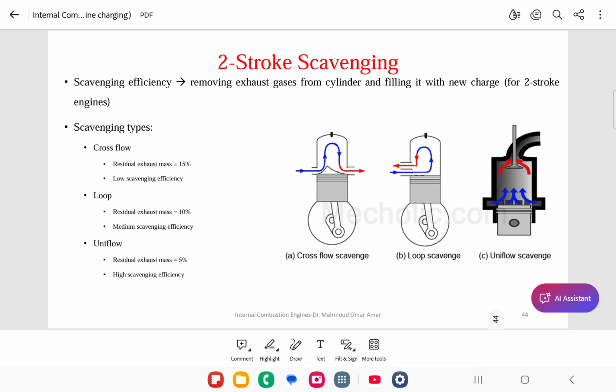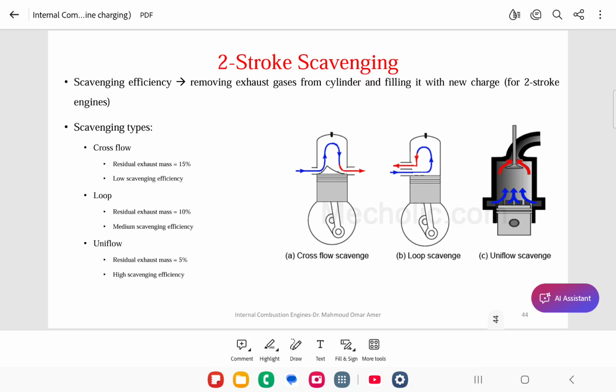The next one is the loop scavenging. From its schematic, for the air to enter and exit through the exhaust port, which is right above it, it has better chances.